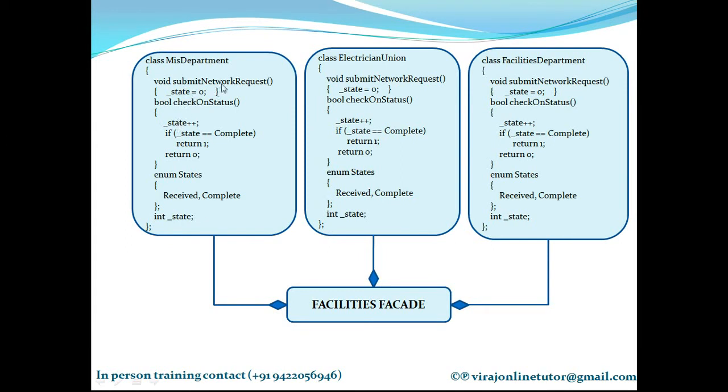When the network request is submitted, state is 0, meaning it is received. Then people keep on calling check on status to check whether the request is complete or not. So I am incrementing the state, meaning I am going to the next state. And if state is complete, I return 1 from this function, else I return 0. 1 means my work is complete, 0 means it is not yet complete.